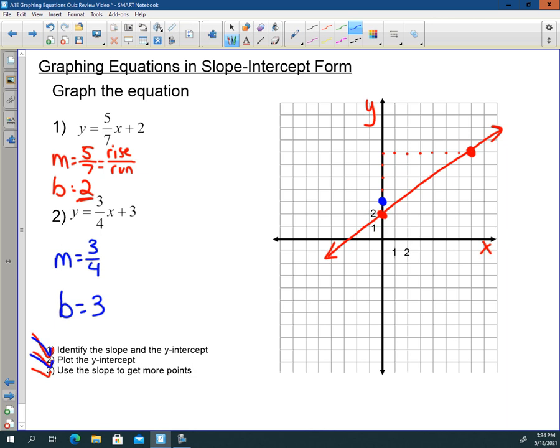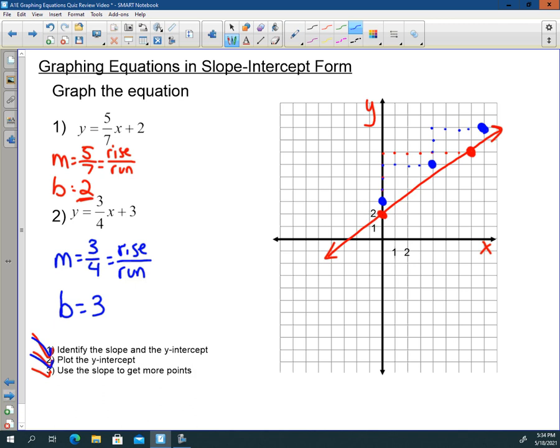And now we're going to use the slope to get more points, where our slope is our rise over run. So we're going to go up 3 and to the right 4 from our intercept. Up 3, 1, 2, 3, and to the right 4. 1, 2, 3, 4. We can do that again if we want. 1, 2, 3, 1, 2, 3, 4, and get another point.